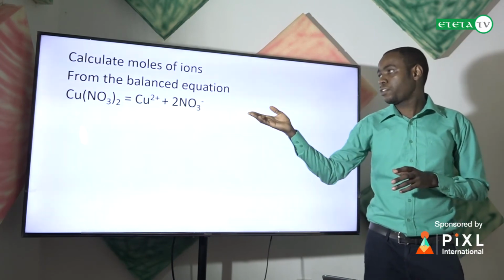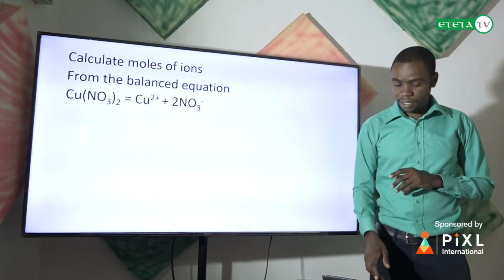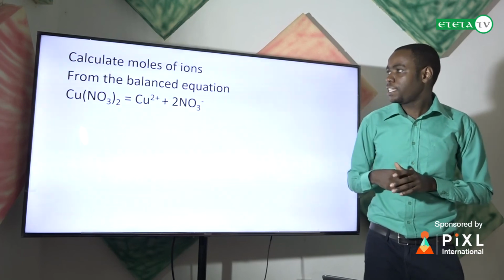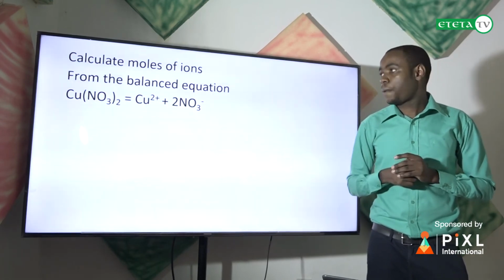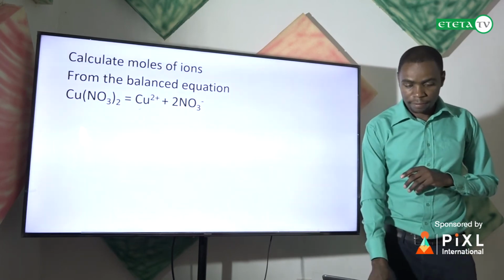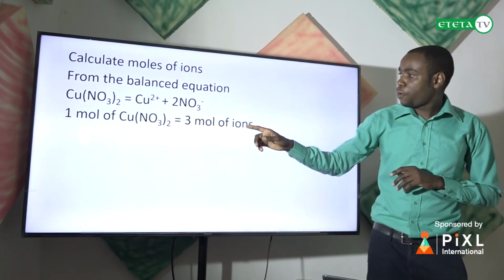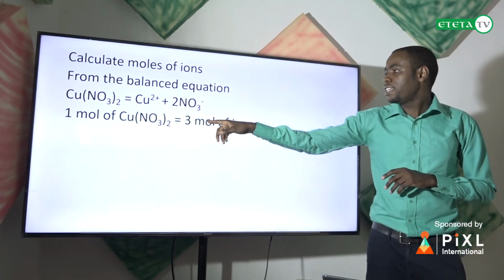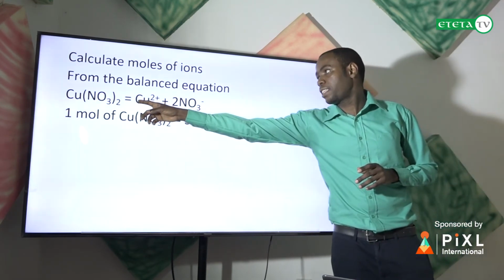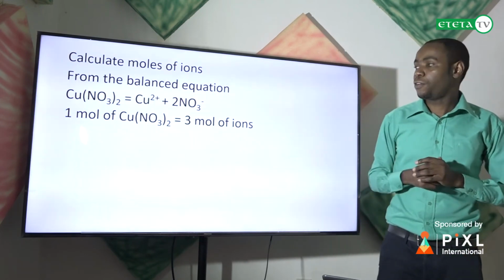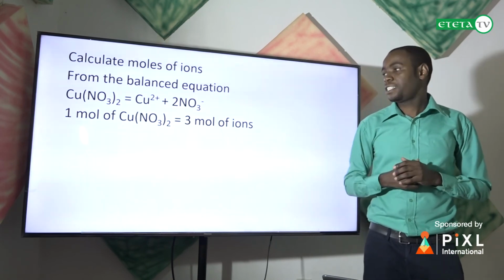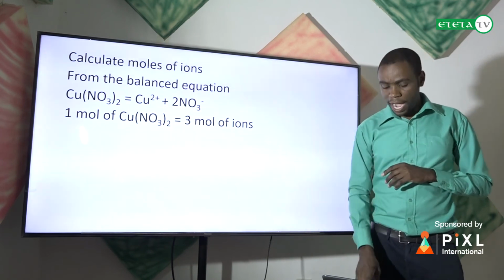One mole of copper nitrate is equal to 1 mole of copper ion plus 2 mole of nitrate ion. Now, 1 mole of copper nitrate is equivalent to 3 moles of ions, because 1 plus 2 is equal to 3. So 1 mole of copper nitrate is equivalent to 3 mole of ions.